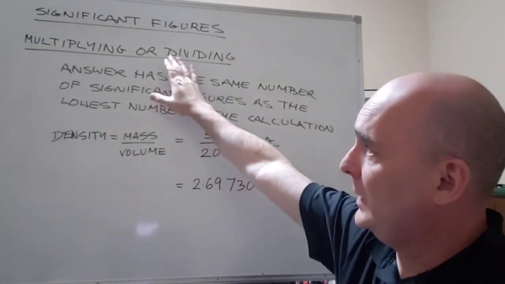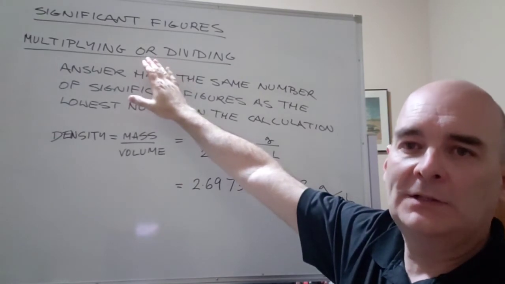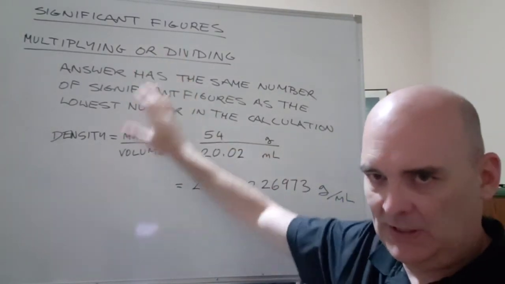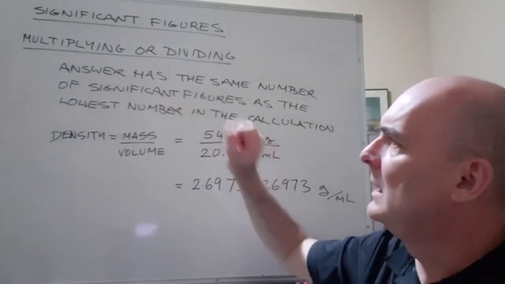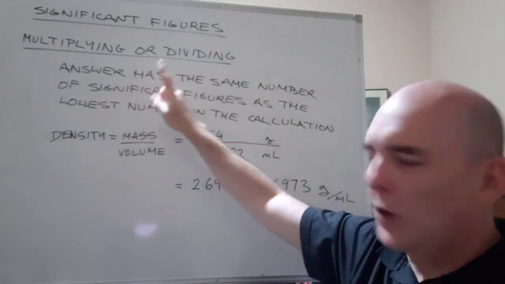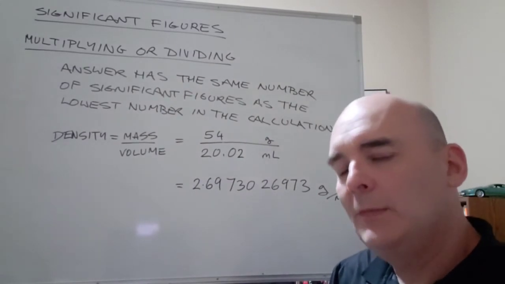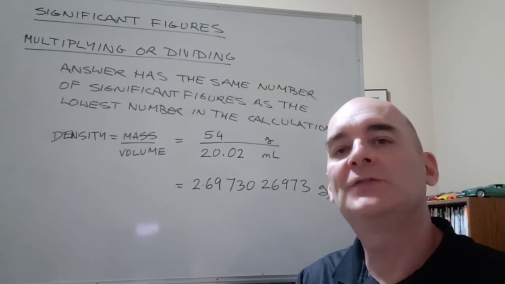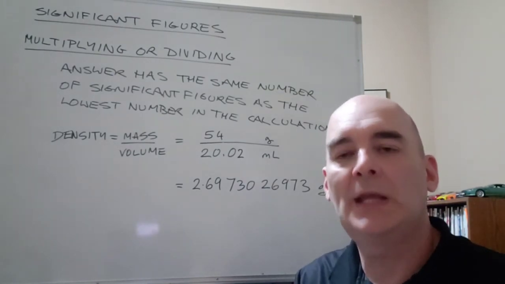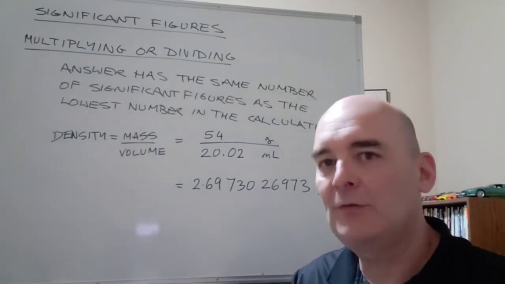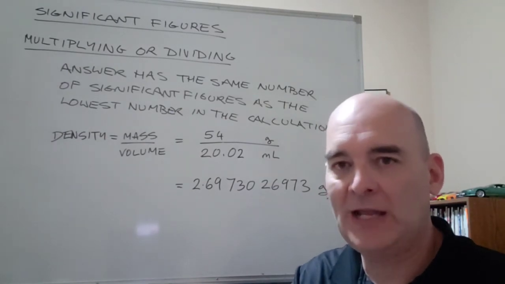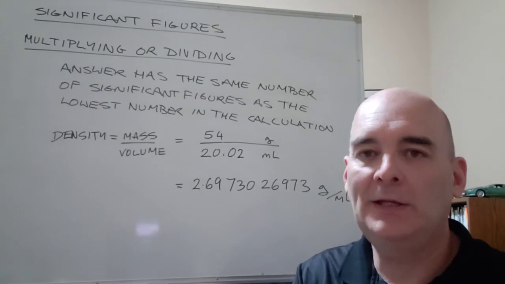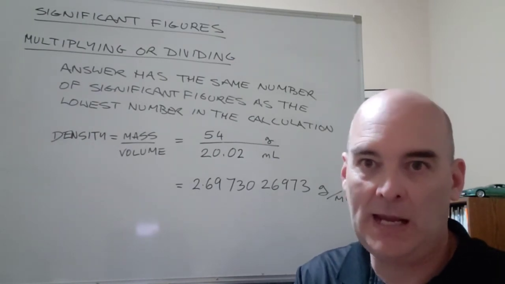In the case that we are taking numbers and multiplying them together or dividing them, as we're going to do in this particular case right here, your answer is only allowed to have the same number of significant figures as the least number of significant figures that you used in the calculation. So whichever of the numbers in your calculation has the lowest number of significant figures, that's how many you're allowed to have at the end.